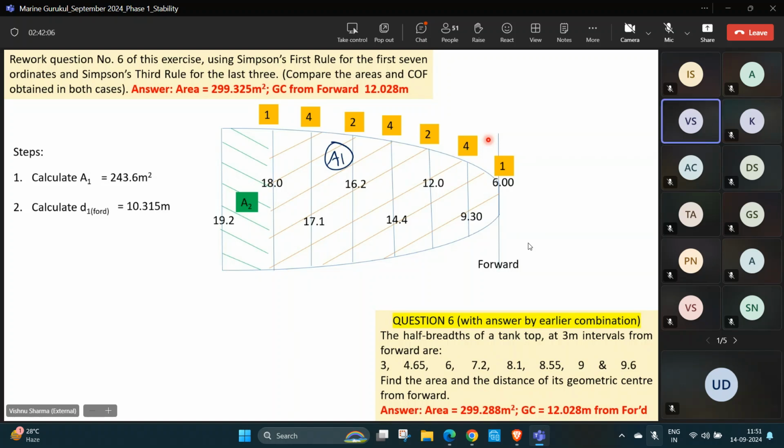Match the answers, guys? Yes or no? Yes. A1 and D1 forward. Anybody still doing it? Speak up so that I can wait and you don't miss out on the discussion, guys. If you're still doing it, let me know. Okay, D1 calculating. Let me know once you're finished.